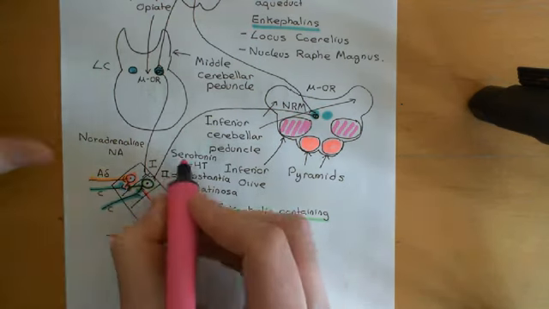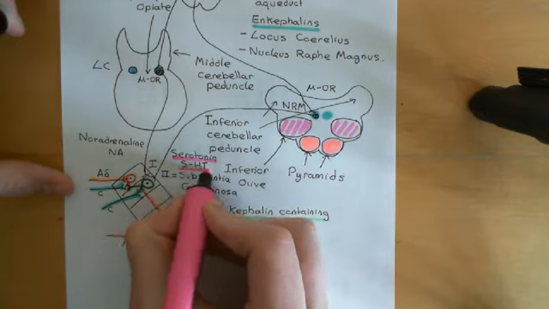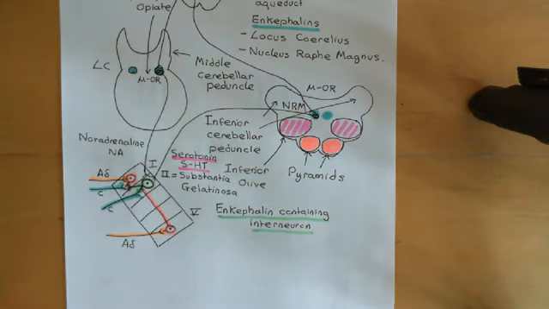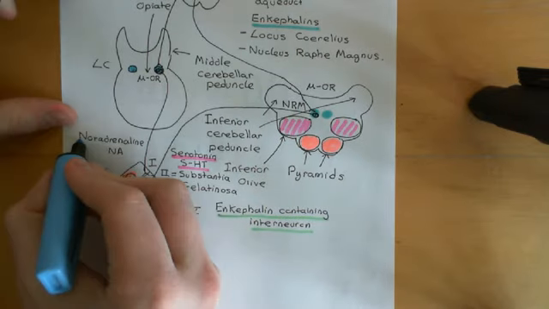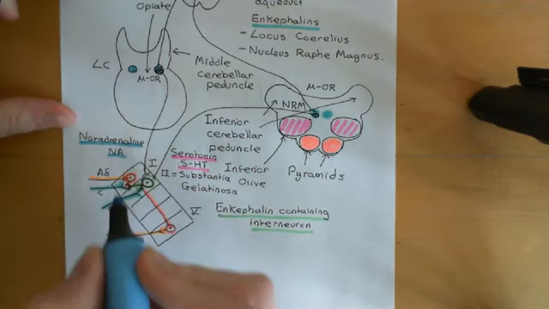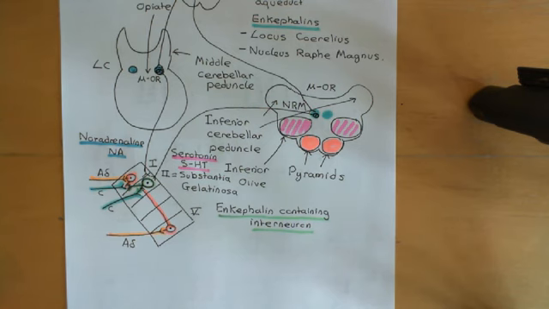So nucleus raphe magnus uses this neurotransmitter, locus coeruleus uses noradrenaline, but both of these neurotransmitters have the same effect, which is that they activate these enkephalin-containing interneurons in Rexed laminae number 2.